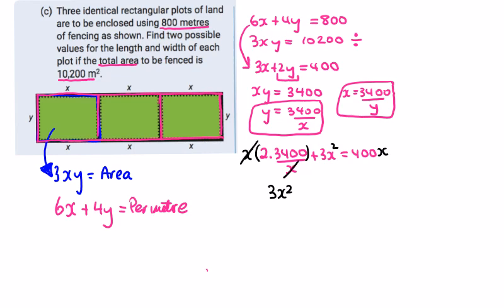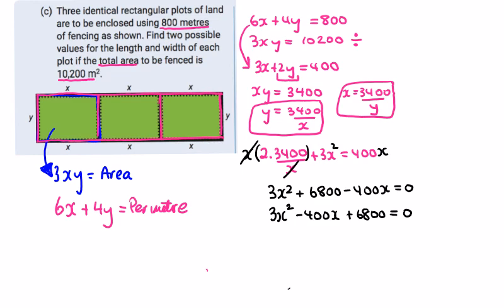When the x on the bottom cancels, that's going to be plus 6,800 minus 400x equals 0. And these don't divide by 3. 400 doesn't divide by 3. 3x squared minus 400x plus 6,800 equals naught. I don't think this factorizes.